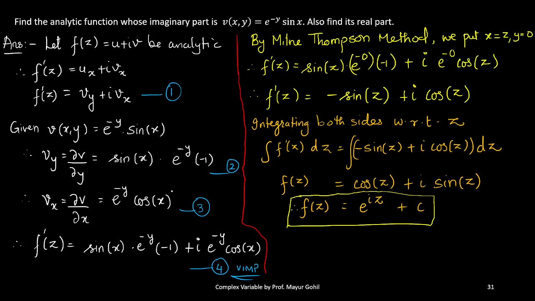So instead of labeling them, you can directly substitute them in f dash of z, and then you directly write Milne Thompson method, put x equals z, y equals 0. It is very much clear. You need not do that labeling of the step. That can be omitted. It is again not going to affect the answer. It is just a matter of presentation or the matter of making an algorithm. Then the standard procedure of integration and finding the answer will work.